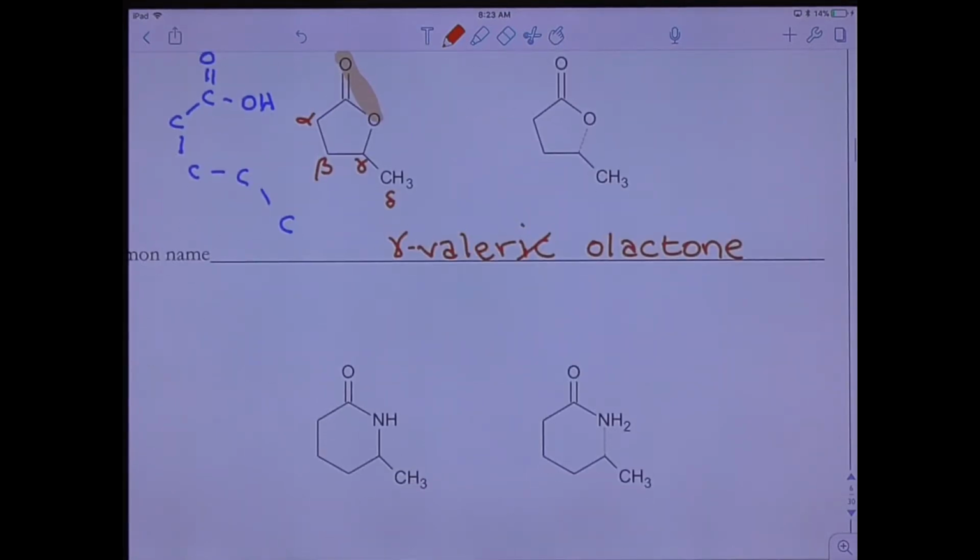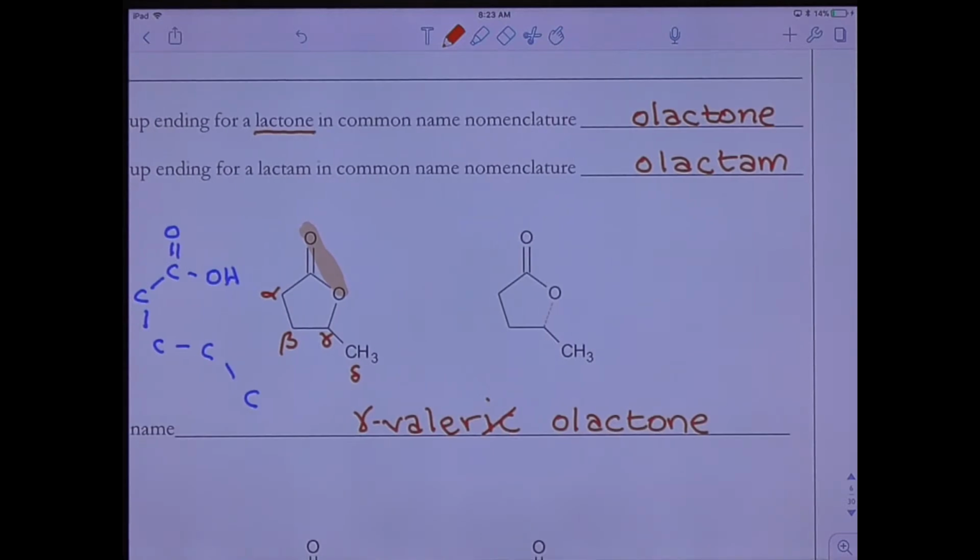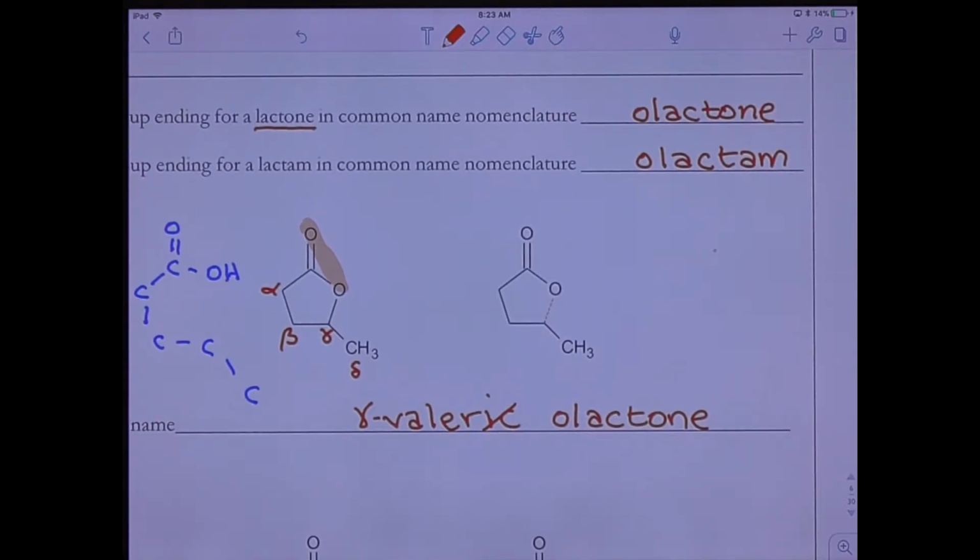Well, I'll show you down here, I guess. No, I won't show you down there. I'll show you right here. You could alternatively have that, and you'd have to name it, and if you mentally broke this connection between the oxygen and the carbon that's closing the ring, then you'd have 1, 2, 3, 4, 5 carbons still.